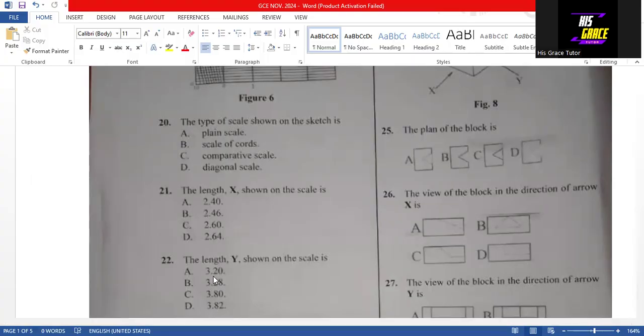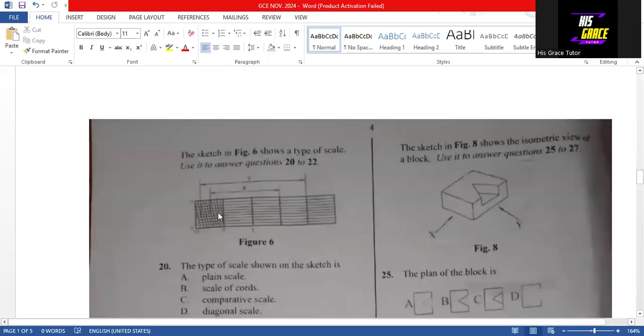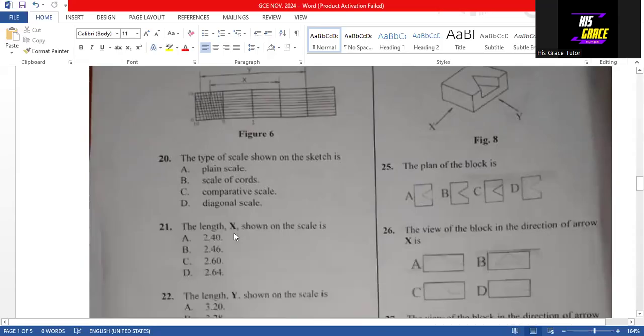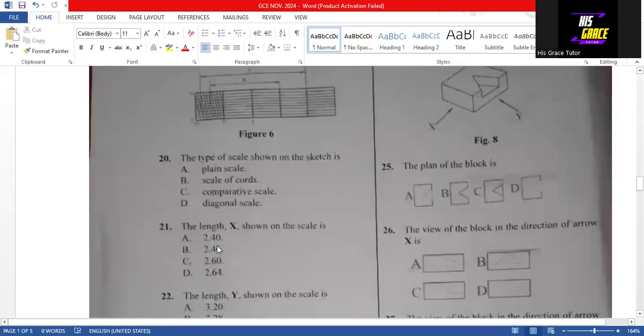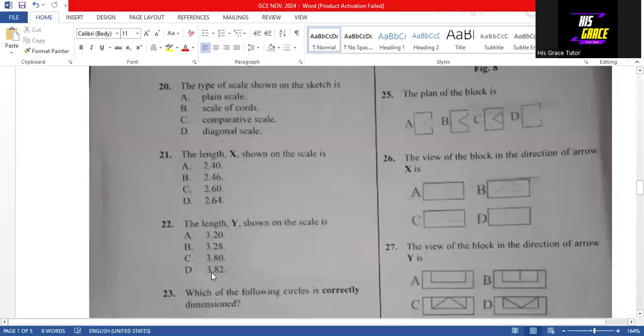So there's an error in the answer to this question, but I will just choose something close to what I got. So when I look at the scale and read what they put here, it is 3.84 or 3.86. That's what I got. So I just take this one, which is 3.8, which is close to the values that I got.